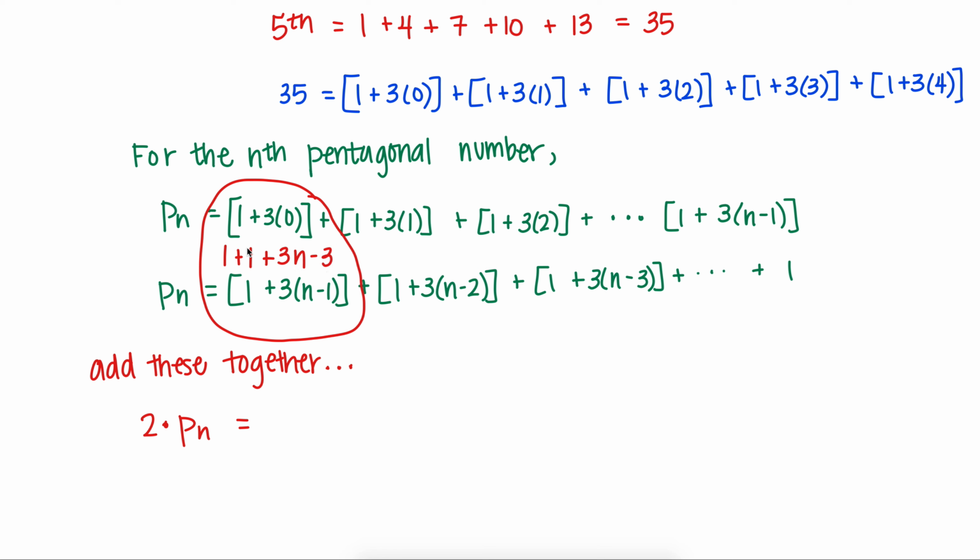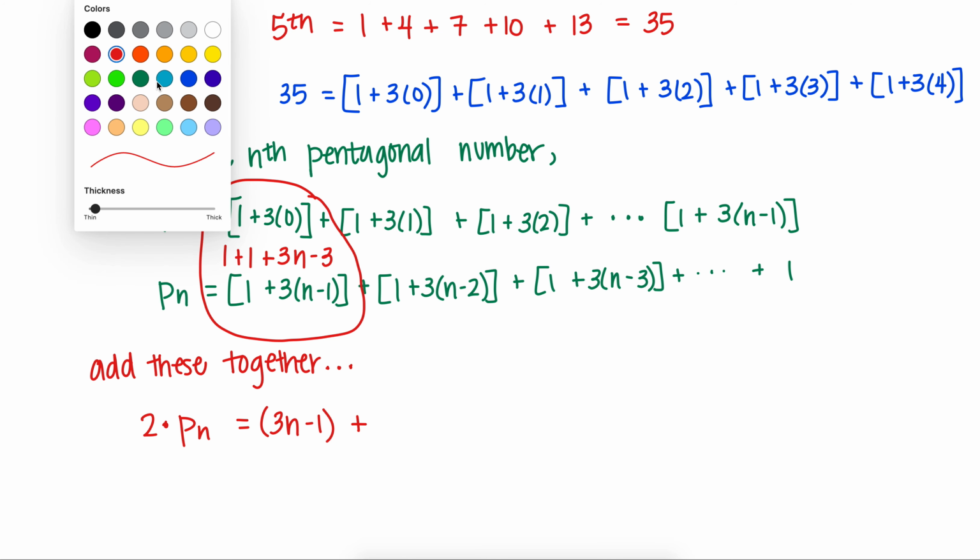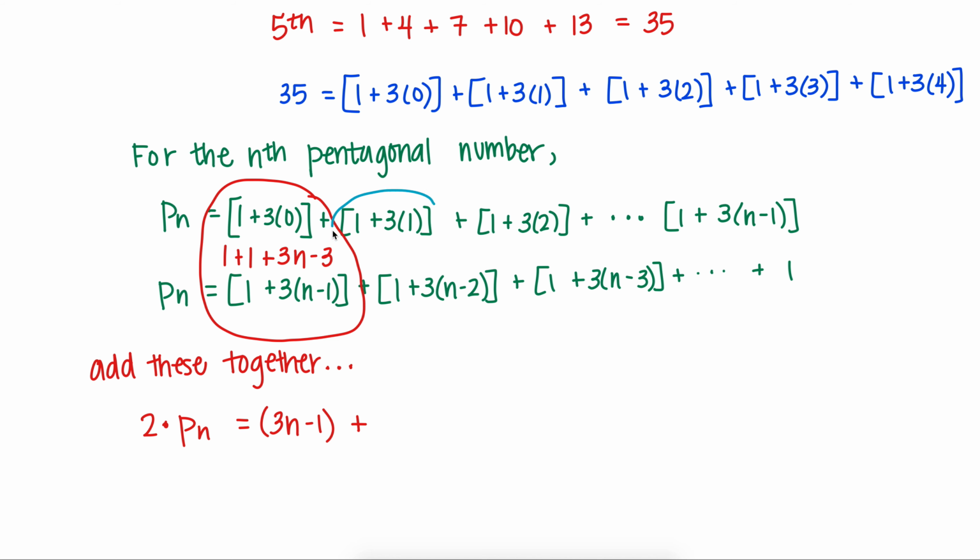When I combine like terms, all of this ends up equaling 3n minus 1. 1 plus 1 minus 3, 2 minus 3 is negative 1, so I get 3n minus 1. Now I'm going to look at my next pair. 1 plus 3 times 1 is 4. Plus 1, and then distribute, plus 3n minus 6. 4 and 1 is 5, and 5 minus 6 gives another 3n minus 1.